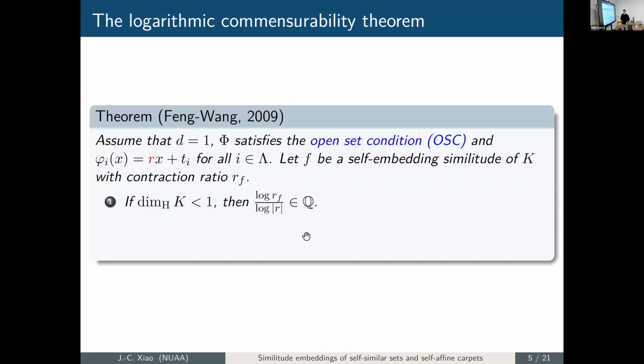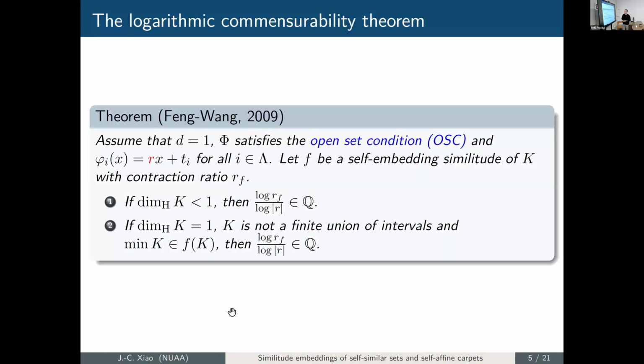So this tells us that usually you cannot embed a self-similar set into itself using a completely new scale. That scale must be already encoded in the system.